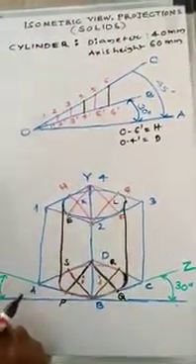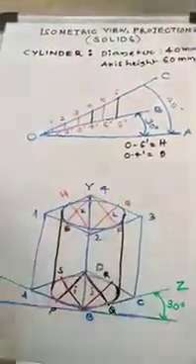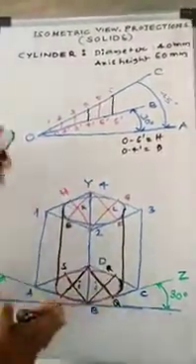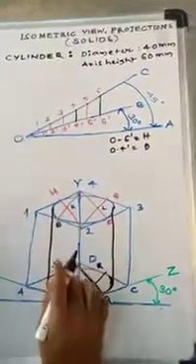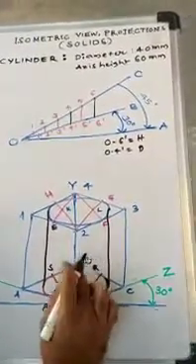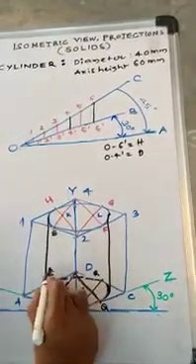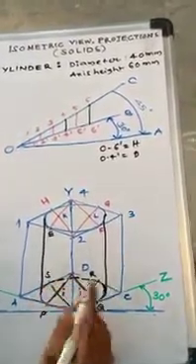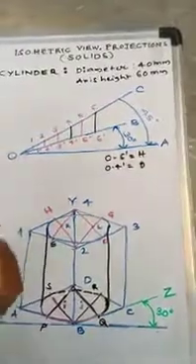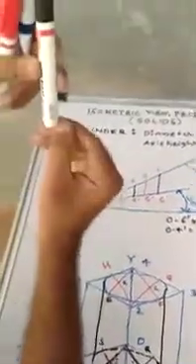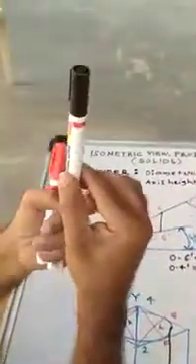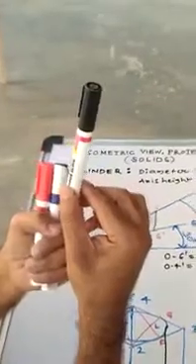Now you can see that the cylinder is formed, but this backside portion is not visible. Therefore, what is not visible is shown as a dotted line. Now you can see this is the cylinder; this front half portion is visible. Is the back half portion visible or invisible?